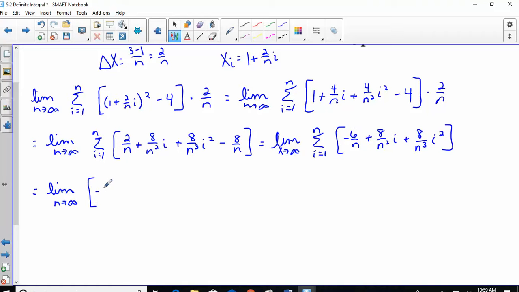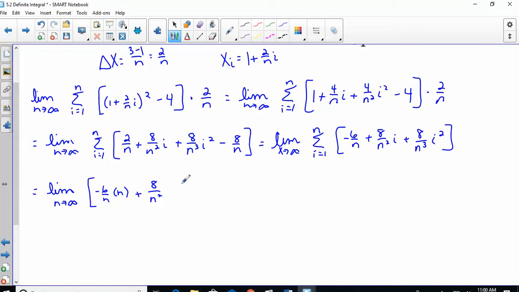If you add up the constant every single time, remember you just multiply it by the number of times you add it up. So we're starting at 1, ending at n, so you just have to take it times n. Plus 8 over n squared. Okay, now we're adding up i.